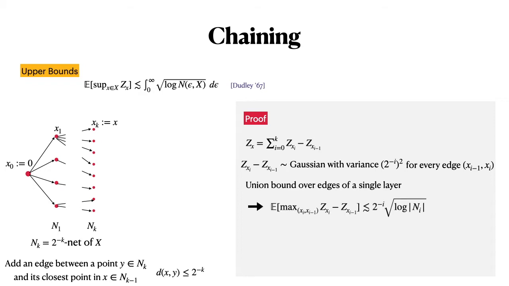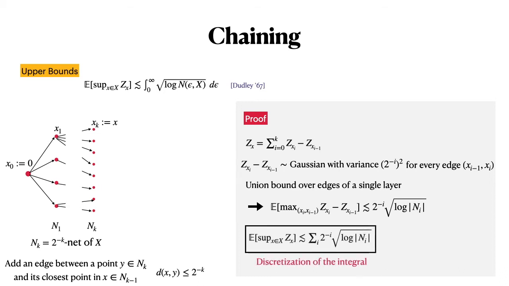as before, we get that the expected maximum value attained by any of these random variables Z_{x_i} minus Z_{x_{i-1}} is at most 2 to the minus i times the square root log of the cardinality of layer i. And this 2 to the minus i comes because of the standard deviation.